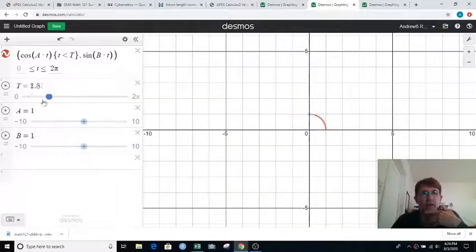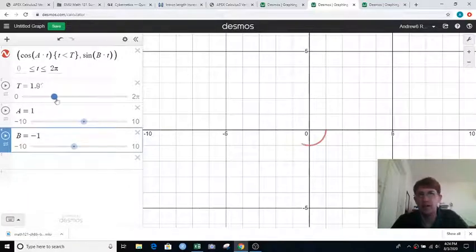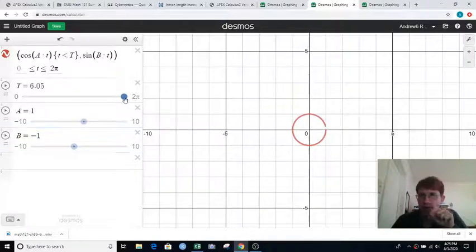But if I go back here and set B to -1, and then start increasing T, then I'm tracing out the unit circle in the backwards direction. So I get the same curve in the plane, the same set of points, but I trace it out in a different way as my parameter varies. So that's an important thing about parametric curves. You can get the same set of points in the plane, but trace it out in different ways.